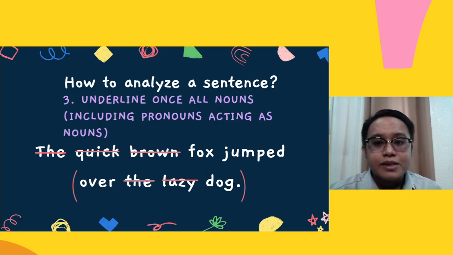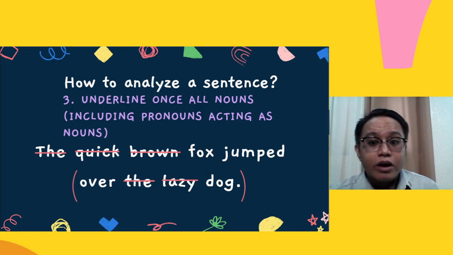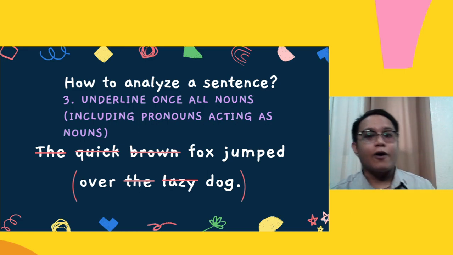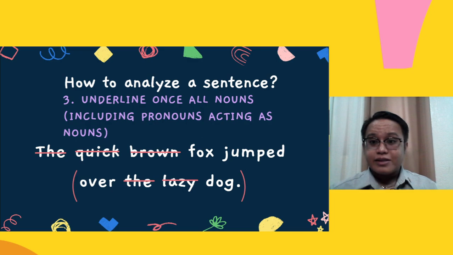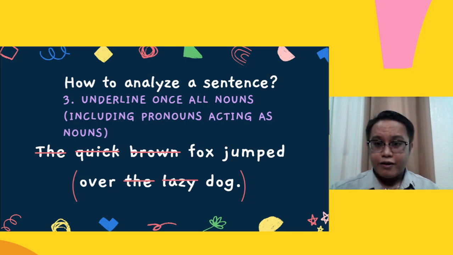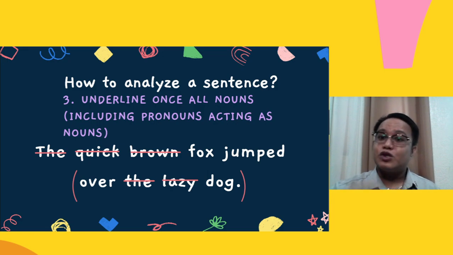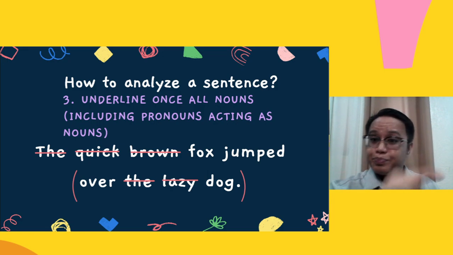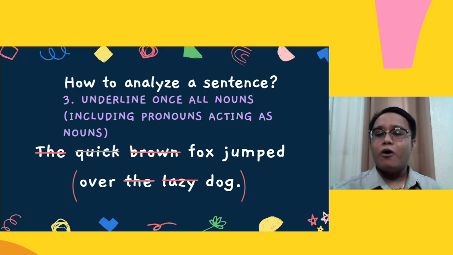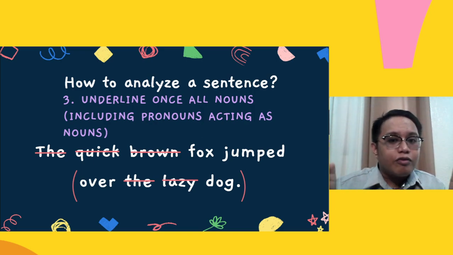How many times are we going to underline? Once. Is fox our noun here? Very good. So, we underline fox once. Is jumped a noun? No, so we just leave it off.